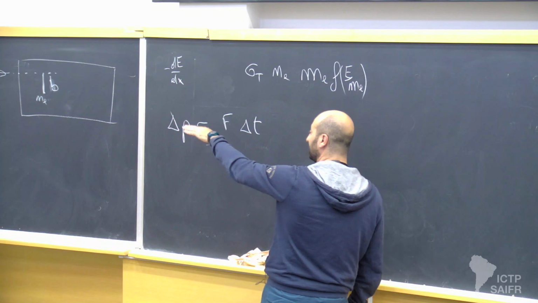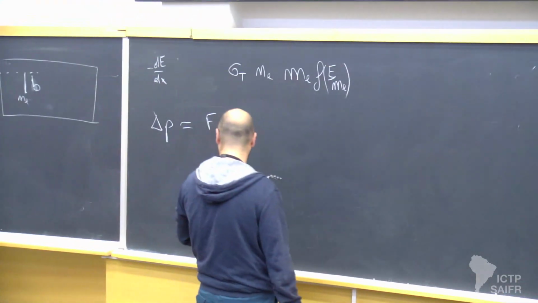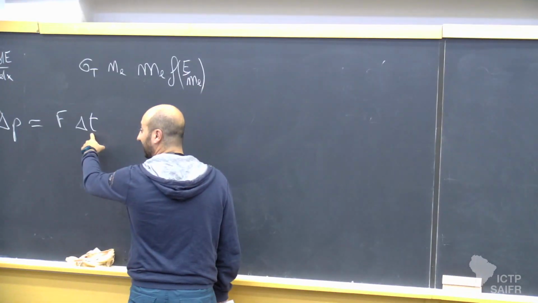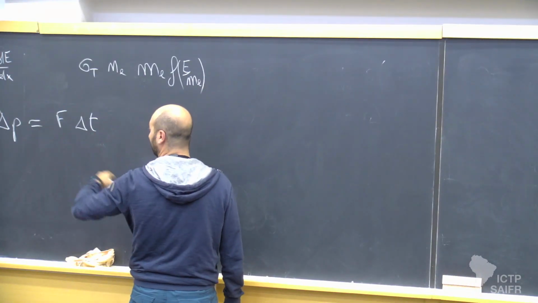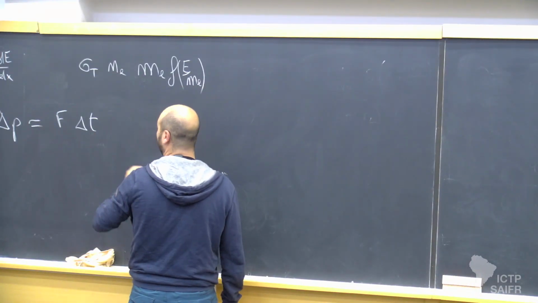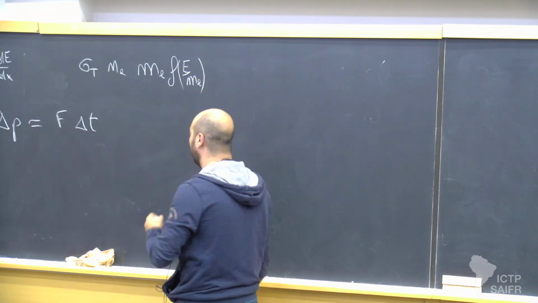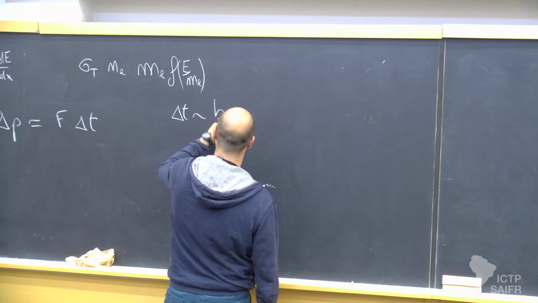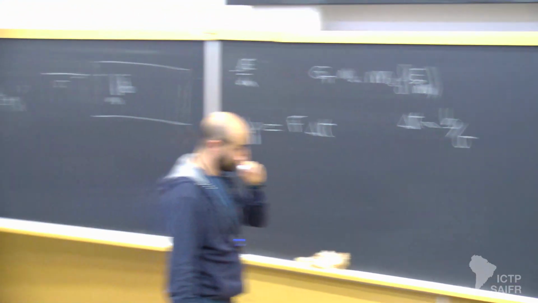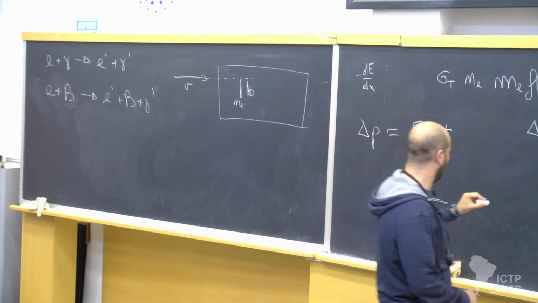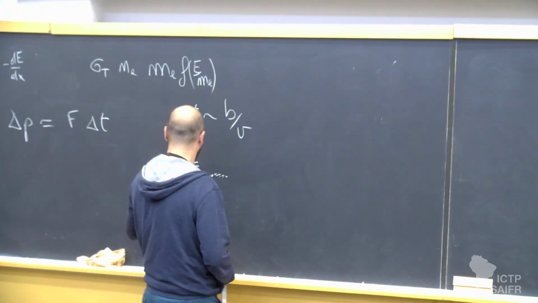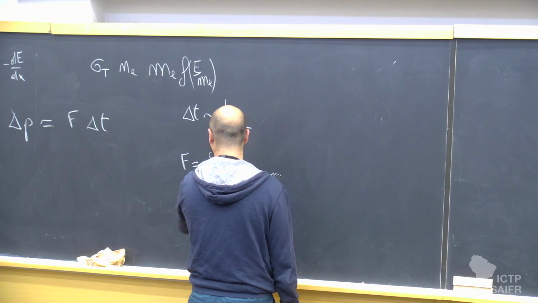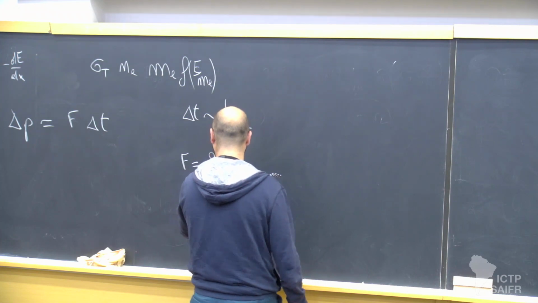And probably you have seen this exercise done before in elementary courses. So what's the typical time scale of the passage of this particle near the electron for an impact parameter b? Well, of course, this delta t will be of the order of b over v. And then you have the force, which is electrostatic. So it's going to be e squared over b squared.